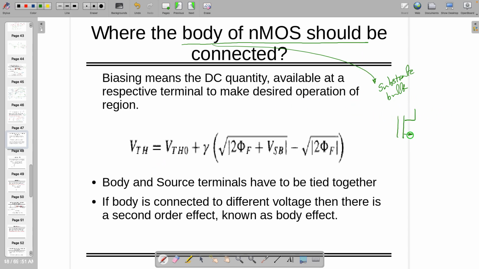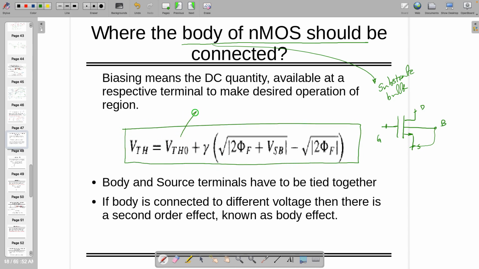If it is an NMOS, actually it's a 4-terminal device, not a 3-terminal device, unlike BJT. You have gate, drain, and source, and this is the body. Generally, we like to connect body with the source, irrespective of what device you are using, either NMOS or PMOS. We already talked about this one, where I told there is one equation where threshold voltage may vary.